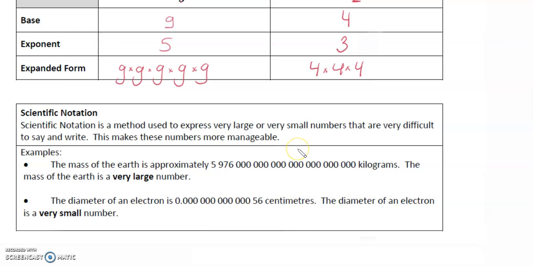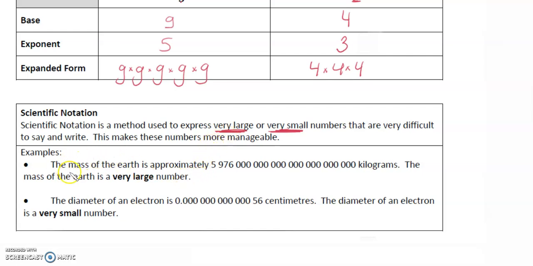Now we're going to move on to scientific notation. That was just an introduction to exponents and how to work with them. Scientific notation is a method used to express very large or very small numbers that are difficult to say and write. This makes these numbers more manageable.